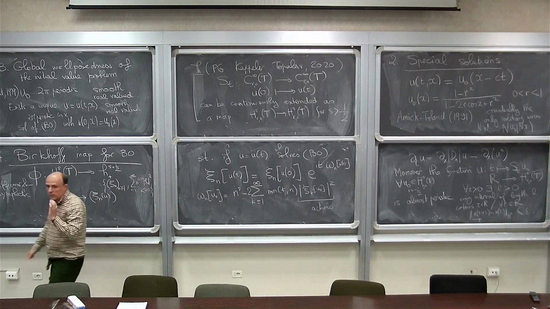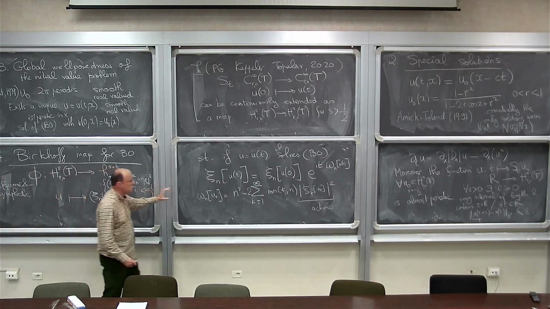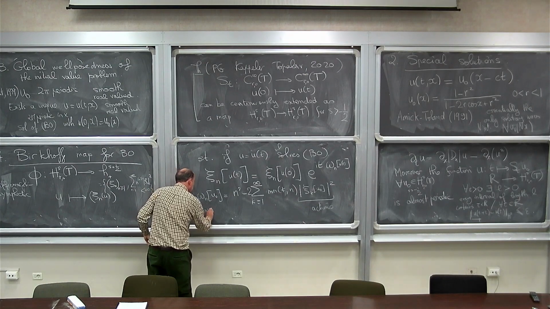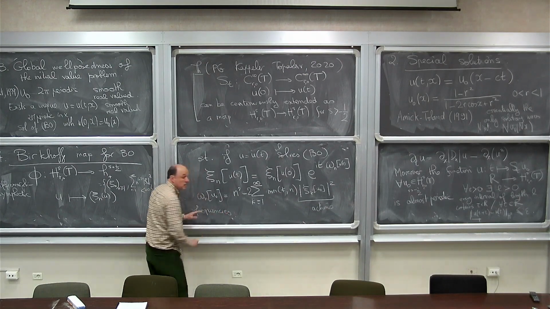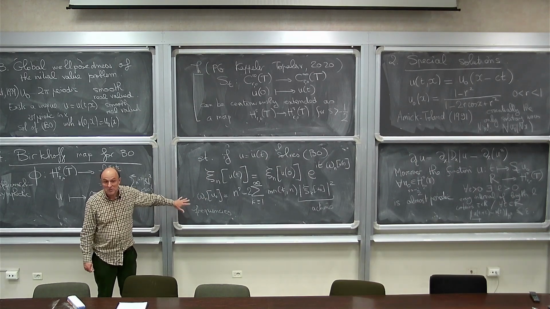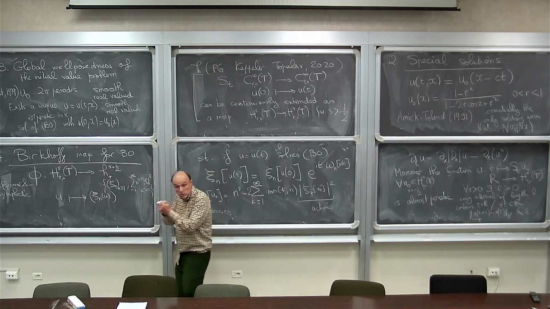And this is one of the very few examples of PDEs for which this relationship between actions and frequencies is so simple. For instance, try for KdV. For KdV, it's much more complicated. It's not even explicit. You know it exists, of course, but it's not even explicit. Here it's extremely explicit and extremely simple.